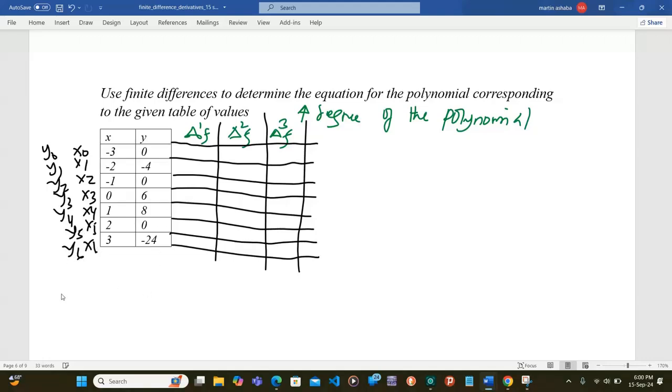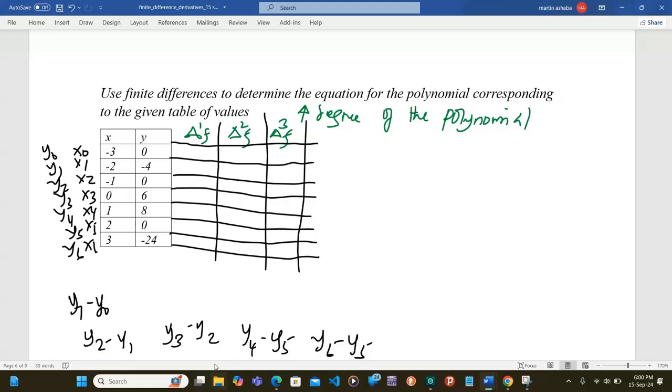And the finite differences will be y1 minus y naught, then y2 minus y1, y3 minus y2, y4 minus y3, y5 minus y4, y6 minus y5. So let's proceed.